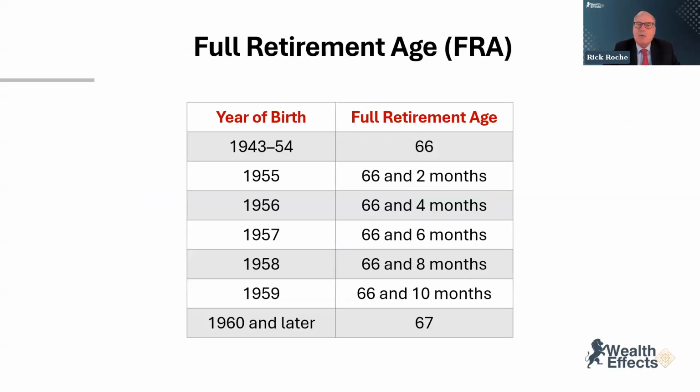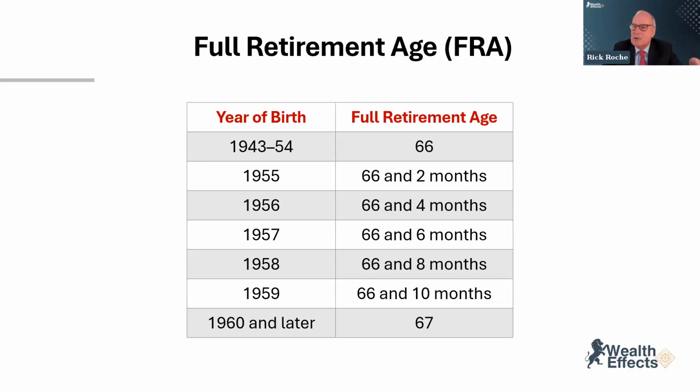Now, the second area we're going to look at is that full retirement age, the so-called FRA, another acronym. For those individuals who were born from 1943 to 54, their full retirement age was 66. I happen to be in this age cohort myself. I'm a Social Security recipient. In fact, we'll talk a little bit about my experience with Social Security on a personal level throughout this series of episodes.